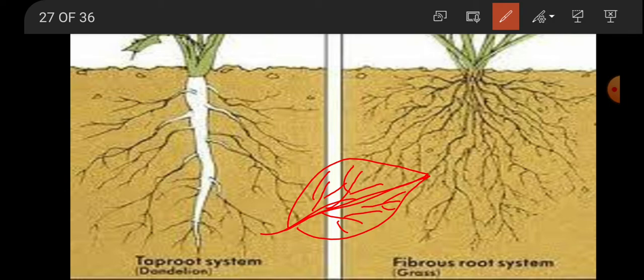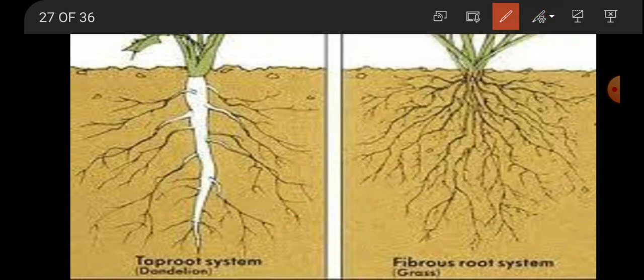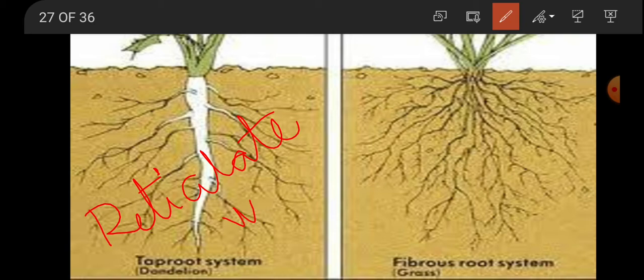The venation is a little bit interconnected with your root systems. If any plant is having a taproot system, then definitely in their leaves we will see reticulate venation. Reticulate venation means veins are scattered all over the lamina and form a network-like structure.